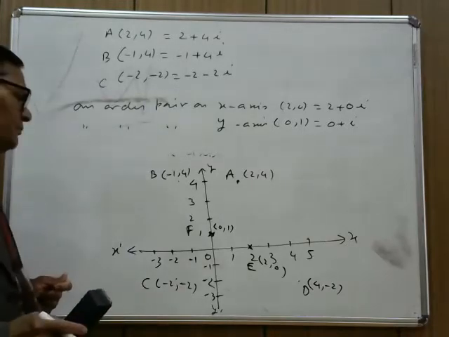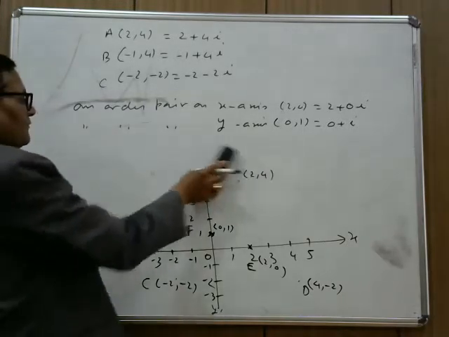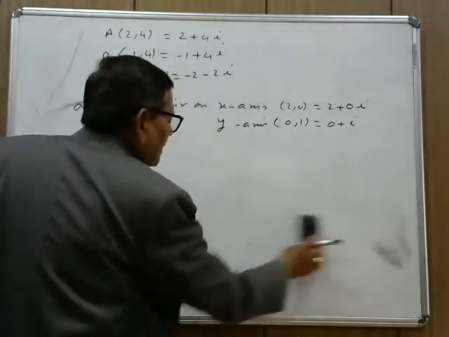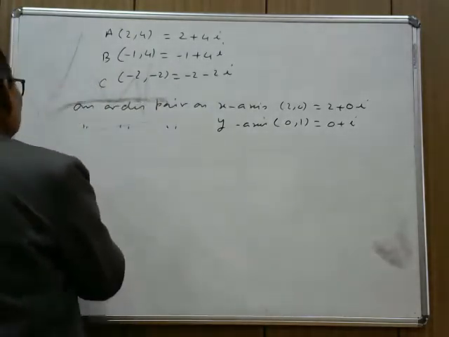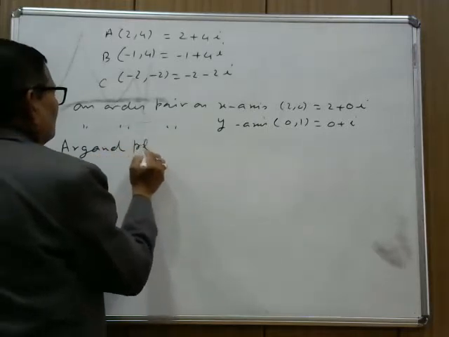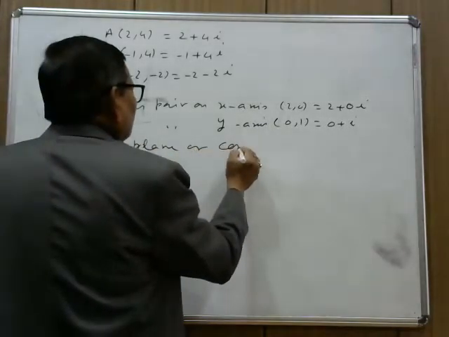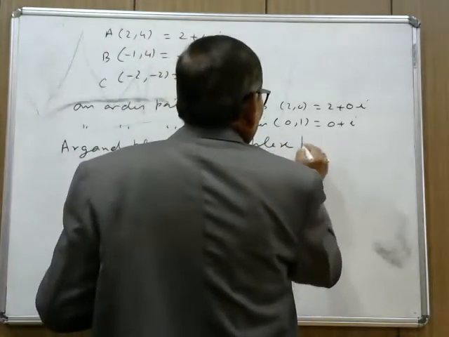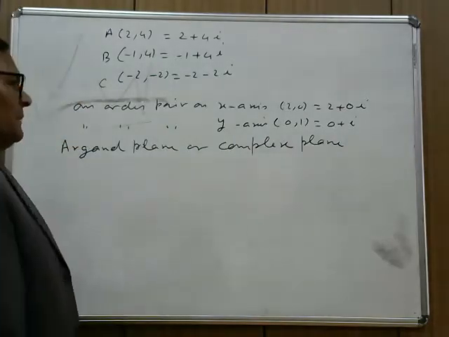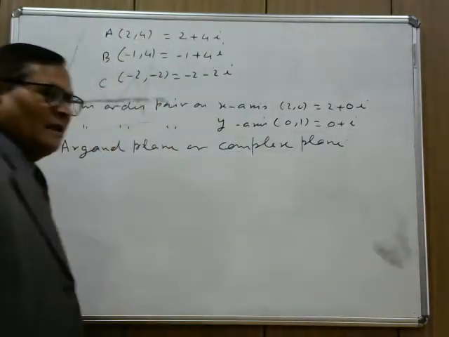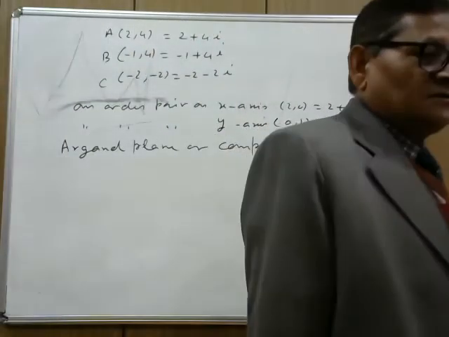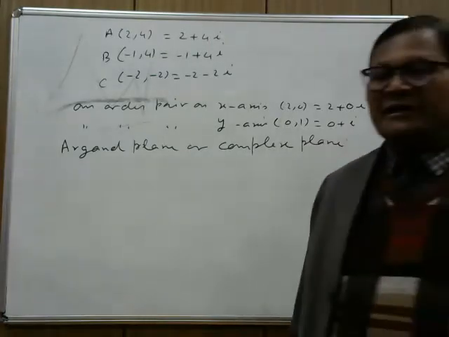Now come to the result. After showing all these things, what do you get as the result? How can you define the Argand plane or complex plane? Complex plane or Argand plane is a plane in which for every point we get a complex number.